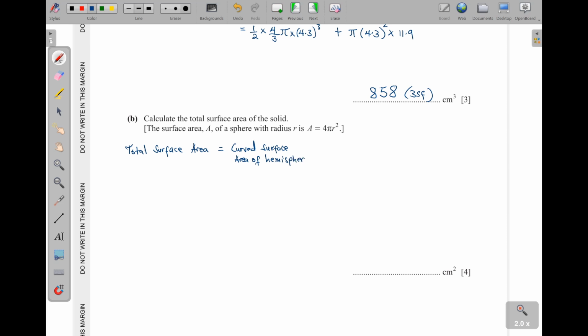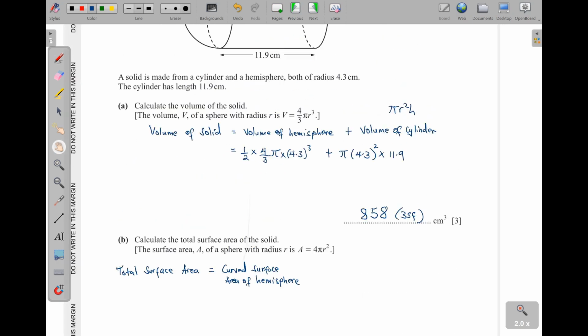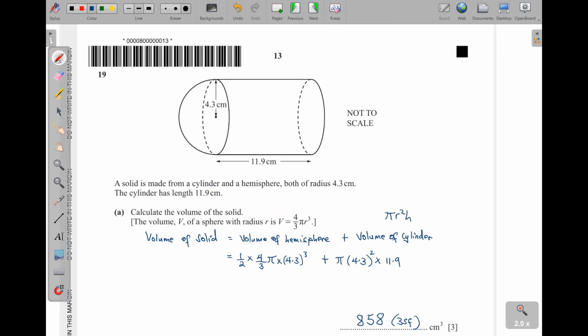Let me show you something here. So there is this curved surface area of the hemisphere. Since these two are stuck together, this area of the circle here, this one is gone. So we are not going to consider it.